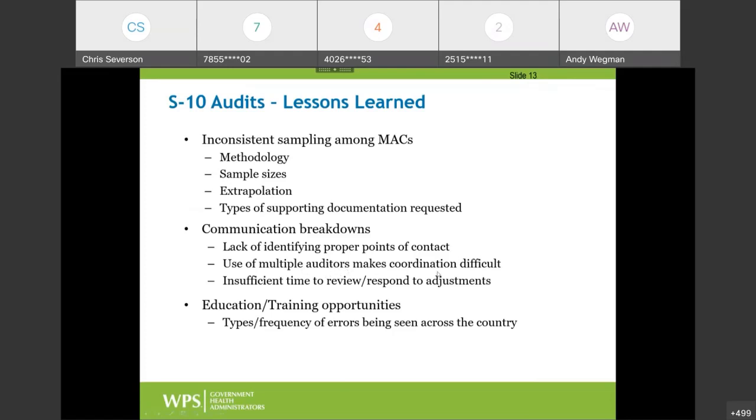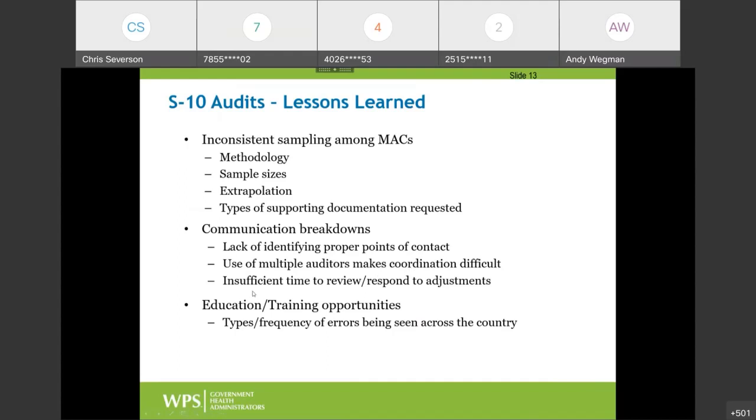We have all of our field audit staff handling the S-10 audits, and for some of the bigger chains, there's certainly no way 1 or even 2 or 3 auditors could take care of the entire chain. When we're assigning the audits, we do try to take that into consideration to mitigate it to some extent. We don't want every single provider within a chain done by a completely different person. That would just be inefficient. So we try to block it as much as we can.